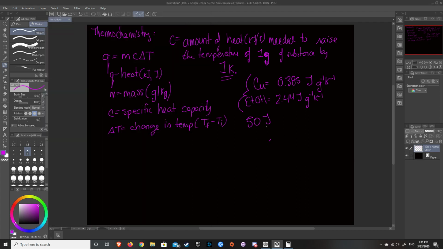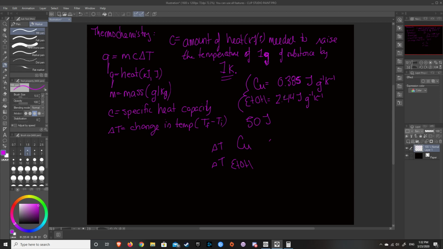So if we imagine we added 50 joules of energy to copper and we've added 50 joules of energy to EtOH, and we want to know what temperature change this is going to cause. It only takes 0.385 joules to raise the temperature by 1 Kelvin.